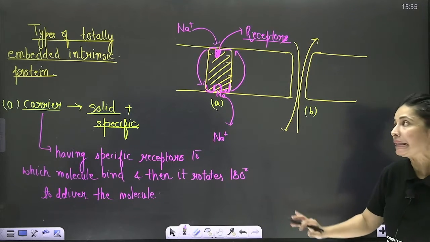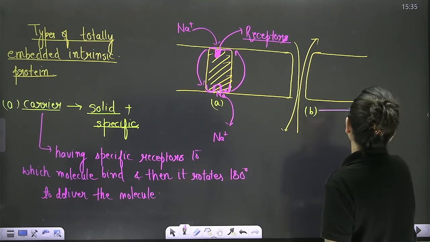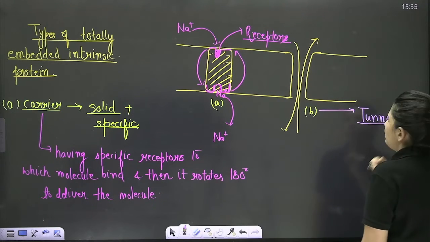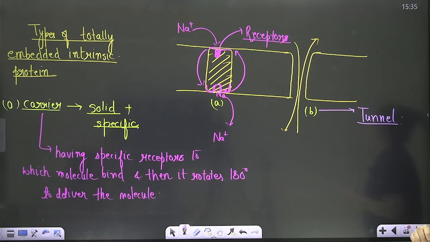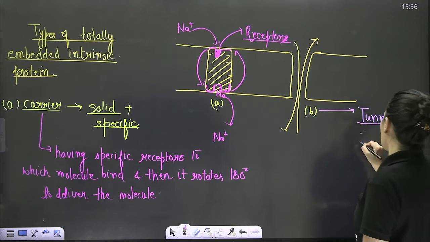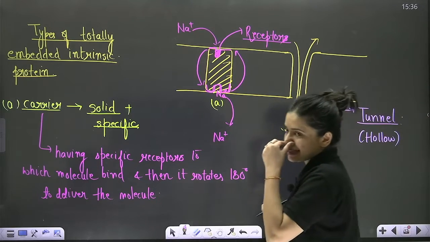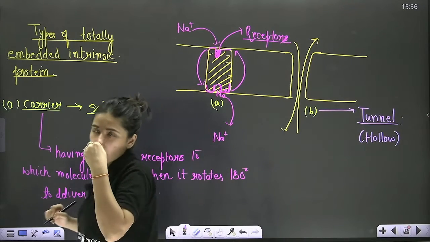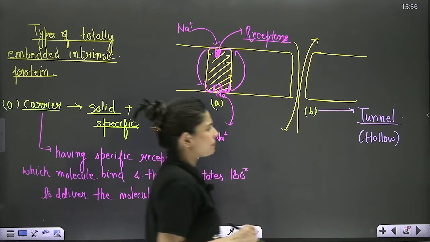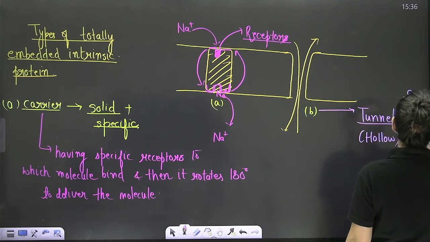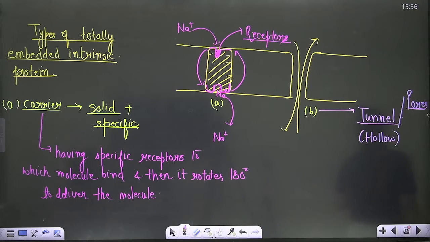Now, on the other hand are the tunnel proteins. Beta, these tunnel proteins are rather hollow. They're simply like open gates, through which pores. Tunnel proteins are basically also called pores. इनको हम क्या कहते हैं?